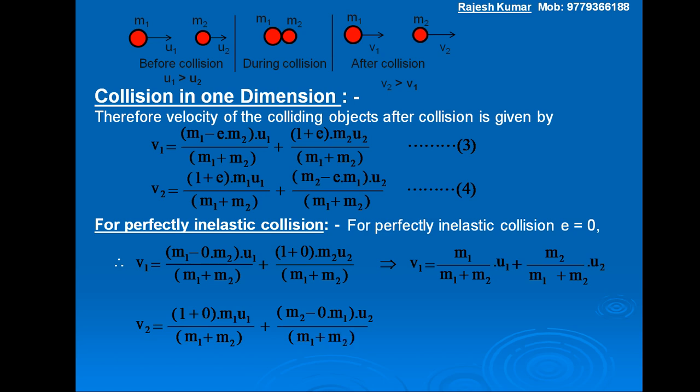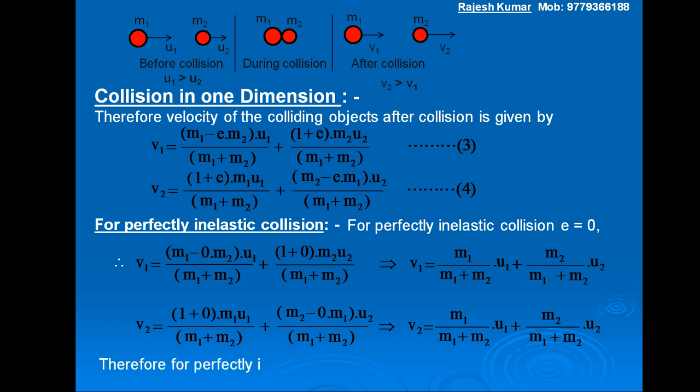Now again solving this, V2 is equal to M1 upon (M1 + M2) into U1 plus M2 upon (M1 + M2) into U2. So these are the velocities of colliding objects after collision in a perfectly inelastic collision.